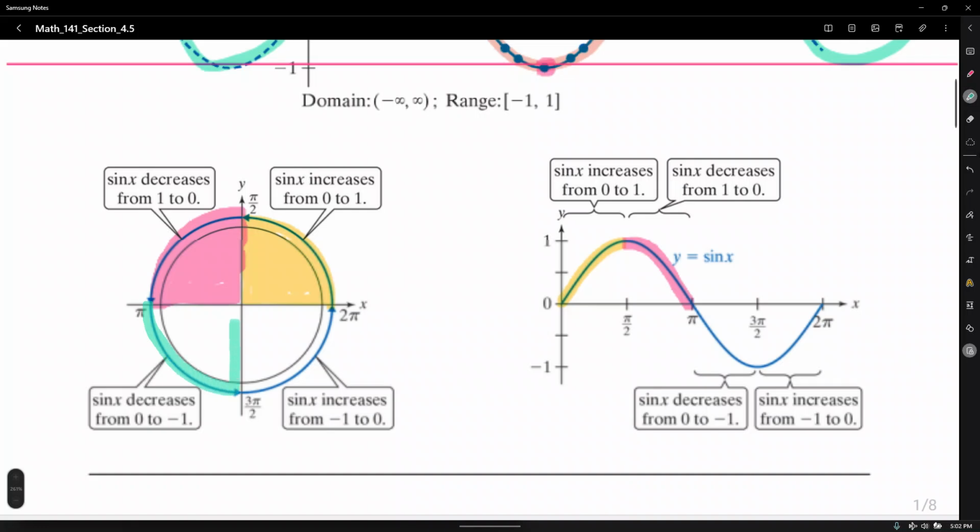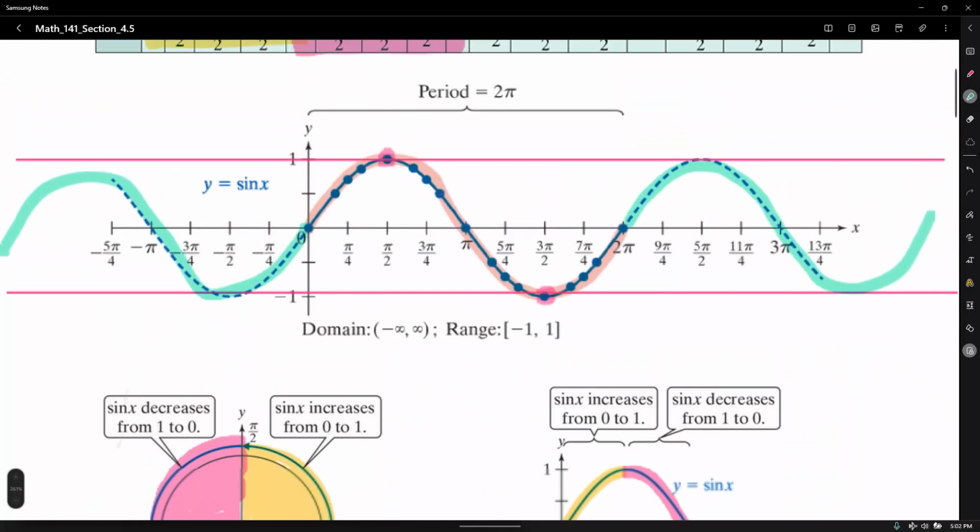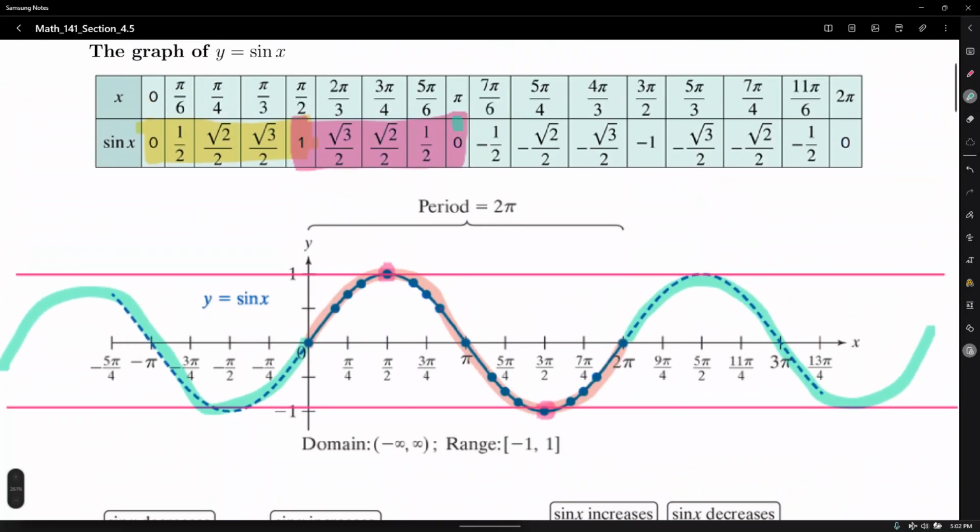So that is this sector of the circle, where the y values decrease from 0 to -1. We're going to go from 0 down to -1 like this. And we can see that in the table of values right there, all these values going from 0 down to -1.